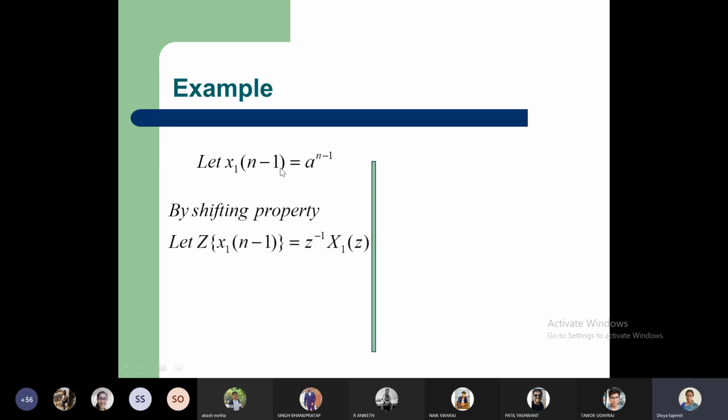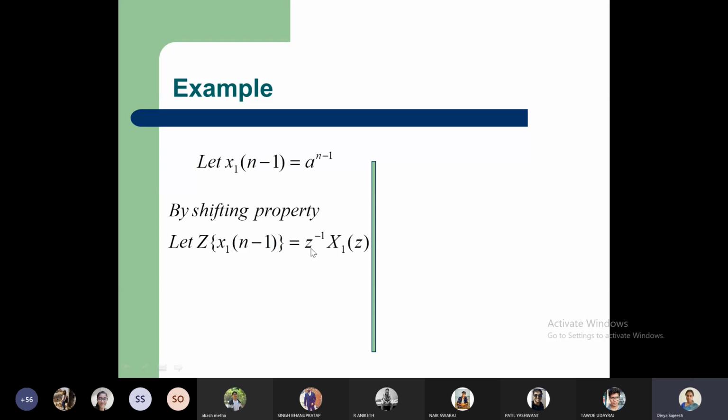Now by the shifting property, which we just learned, the Z transform of a shifted signal will be z raised to minus m times the original transform. Here it is z raised to minus 1, since it is n minus 1.